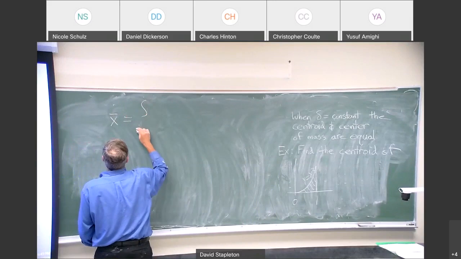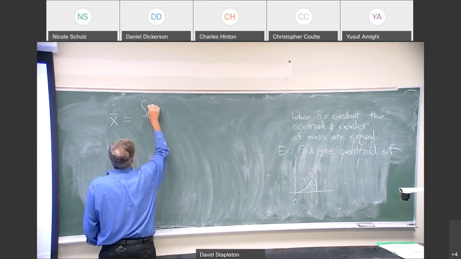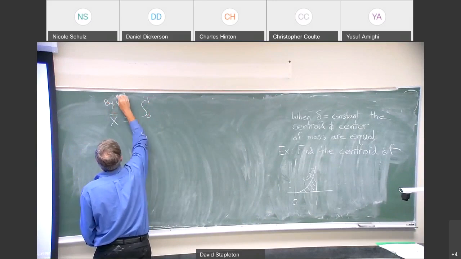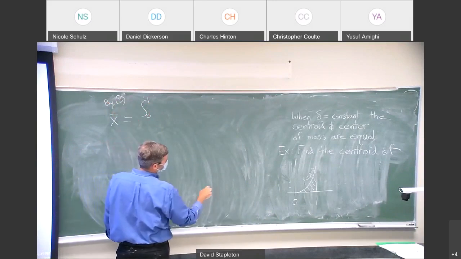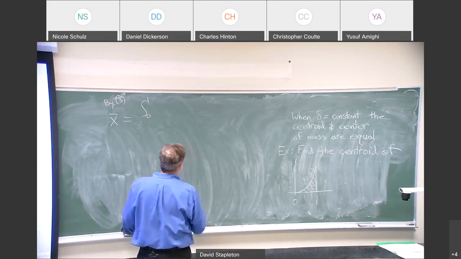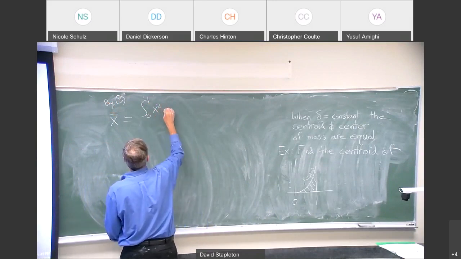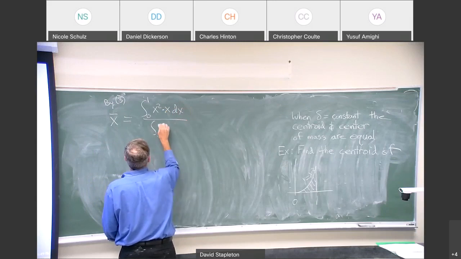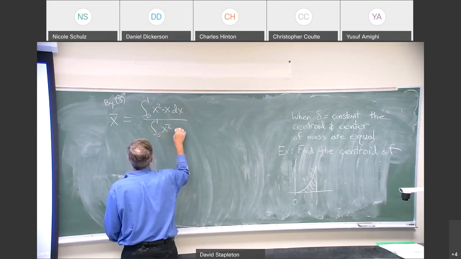The centroid is the integral from 0 to 1 of the function x squared times x dx, divided by the integral of the function without the x, the integral from 0 to 1 of x squared dx. Isn't that easy?